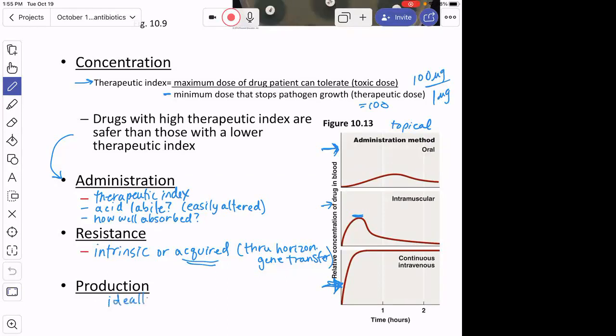Ideally, it's easily produced and inexpensive. Okay, and then it's going to be in more widespread use. Chain and Florey argued about whether to put a patent on penicillin, and they ultimately decided not to. So that made the drug very inexpensive and it could be used widespread.